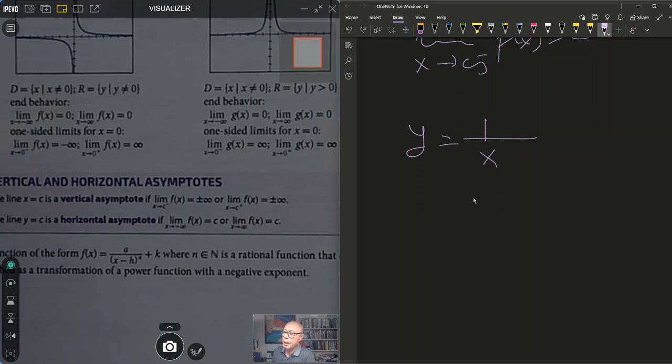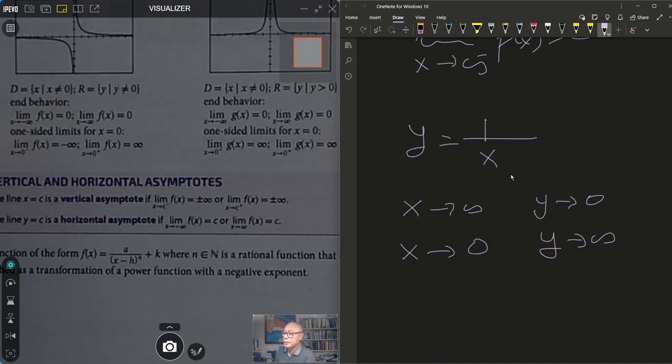When x is getting bigger, y is going to 0. When x is going to 0, y is going to infinite.